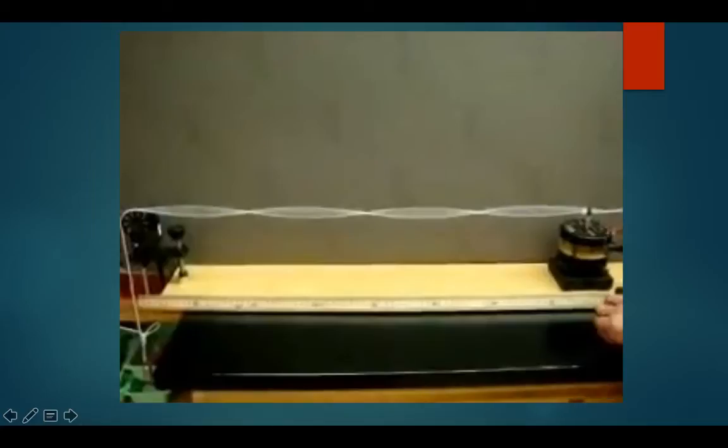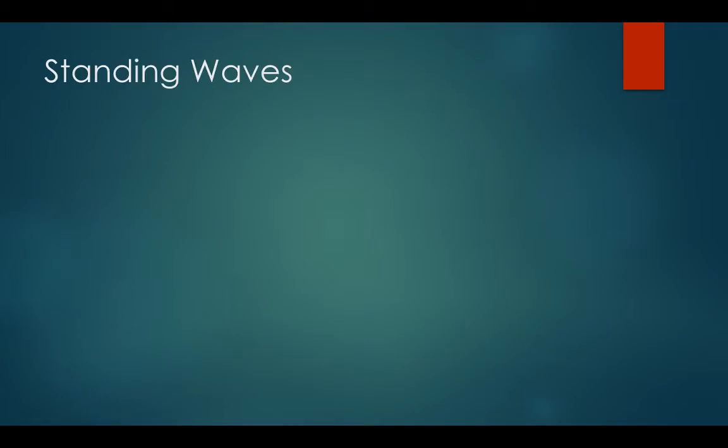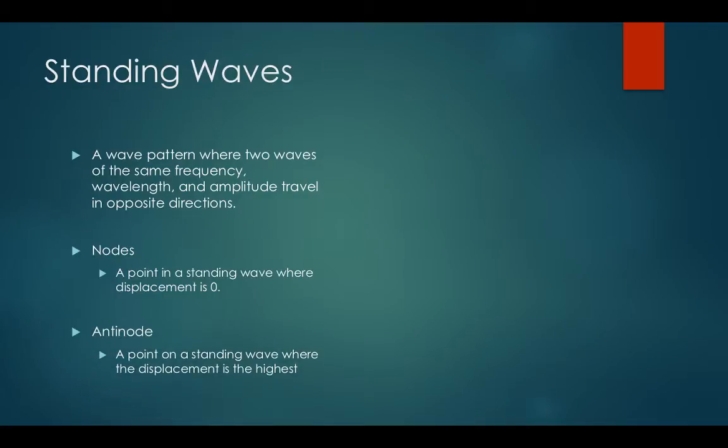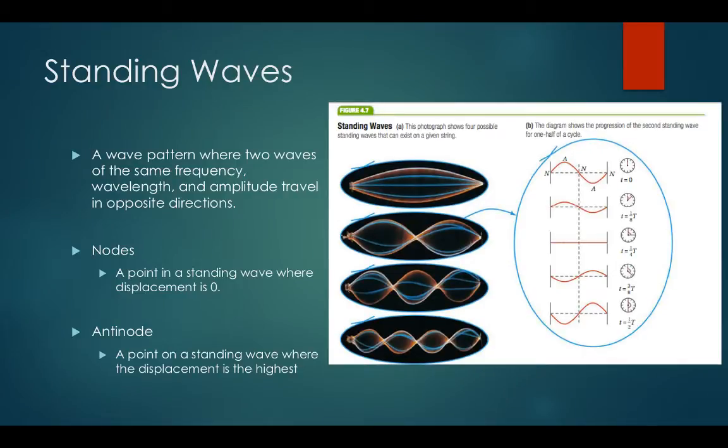What is this? What's going on here? Well, we call this a standing wave. A standing wave is a wave pattern where two waves of the same frequency, wavelength, and amplitude travel in opposite directions. Now, to understand a standing wave, you have to understand two key terms: nodes and antinodes. A node is where things are equal to zero, an antinode is where displacement is at its highest.